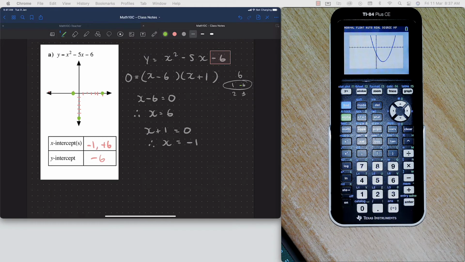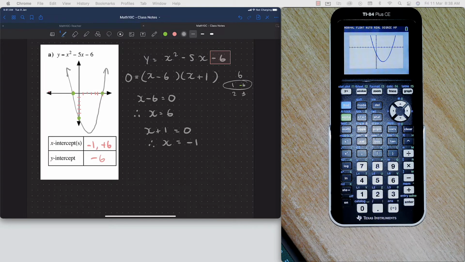Okay, so now I've got this graph that's coming down through here, through that one, down at some point, and then it goes back up, and it'll go forever in those directions.